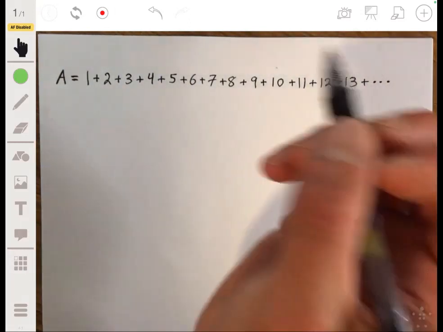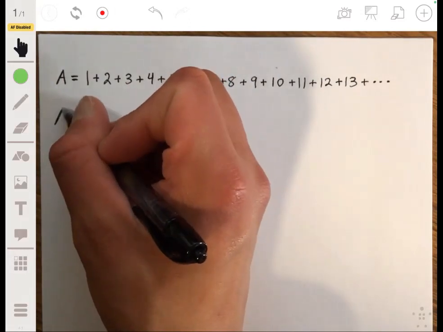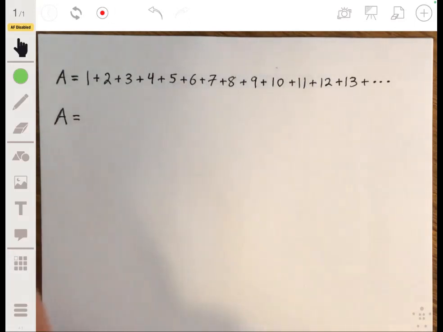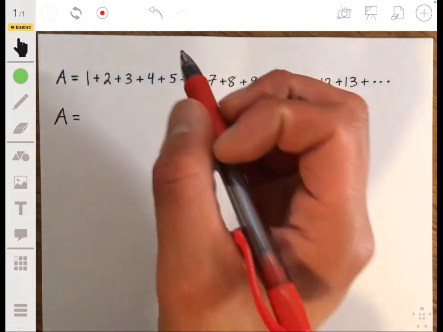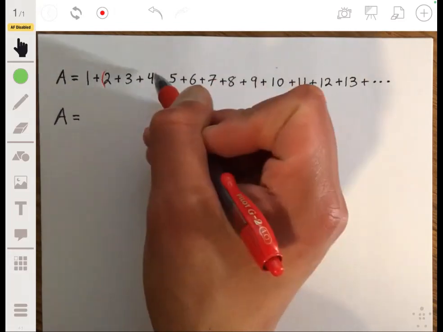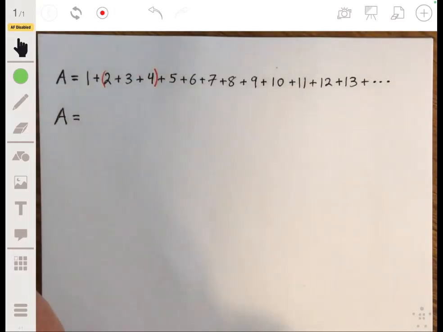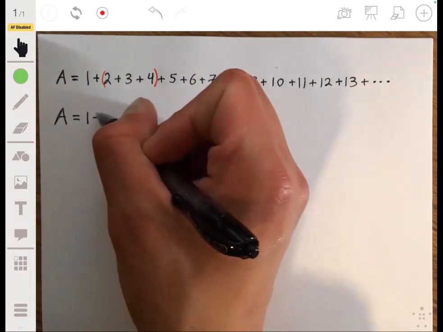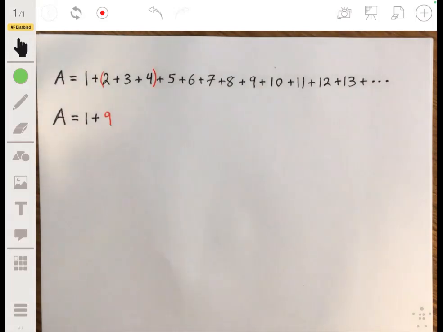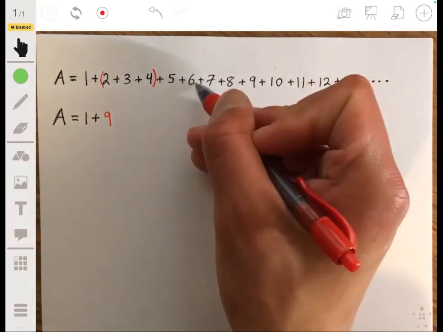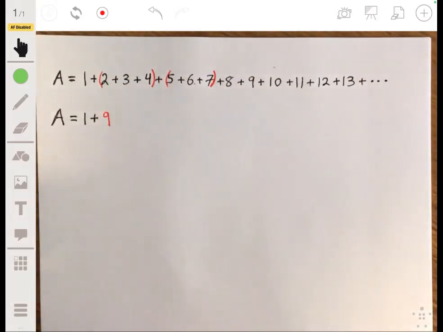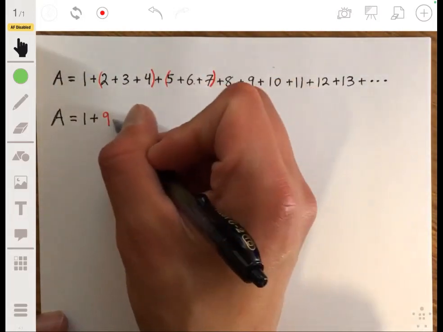So then what we can do is group these into groups of 3. If you notice 2 plus 3 plus 4, this will give you a 9. And then if you go 5 plus 6 plus 7, that'll give you 18.